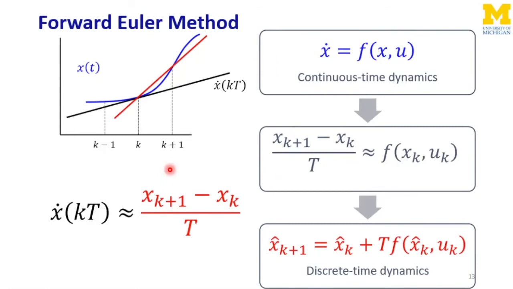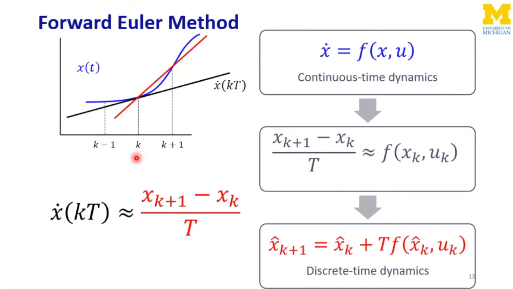Okay, let's look at some of the methods we can use to construct discrete time systems. The first method is called the forward Euler method, and it takes the continuous time dynamics here and approximates the x dot with this expression. You can see that in this expression, the derivative x dot is being approximated by looking ahead, looking forward. x k plus 1 means that you're looking ahead at step k.